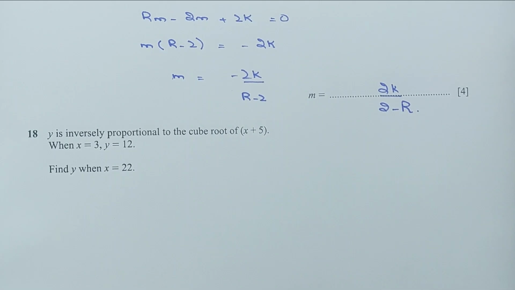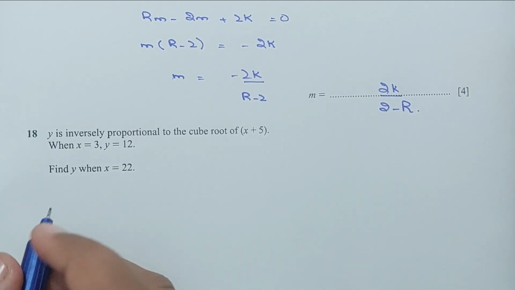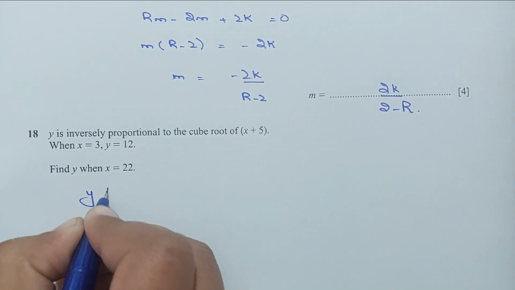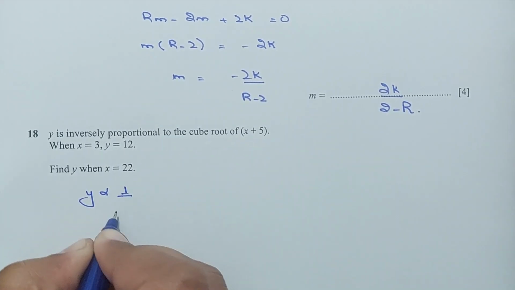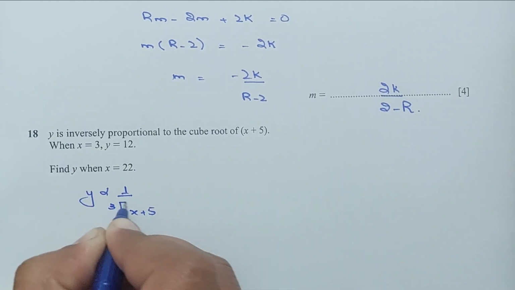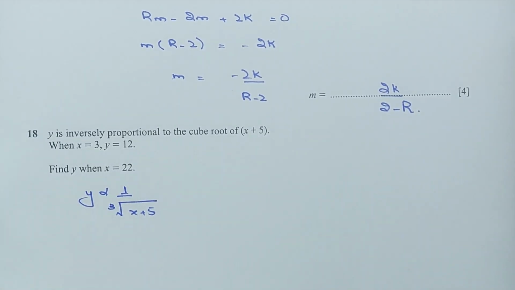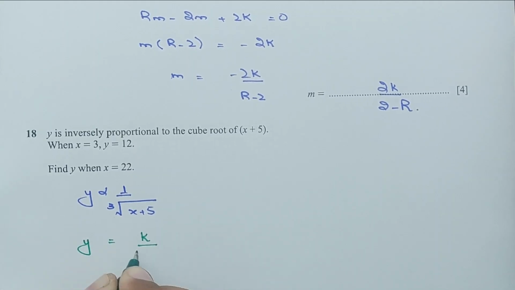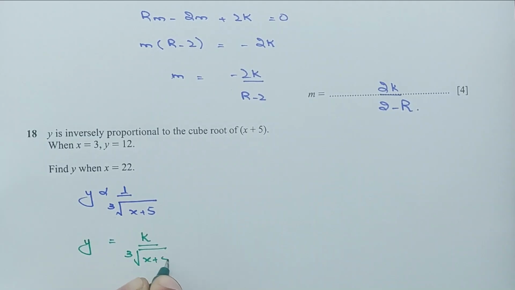Question number 18, y is inversely proportional to the cube root of x plus 5. When x is 3, y is 12, we have to solve for the constant of proportionality. y equals some constant of proportionality times 1 over cube root of x plus 5, right?